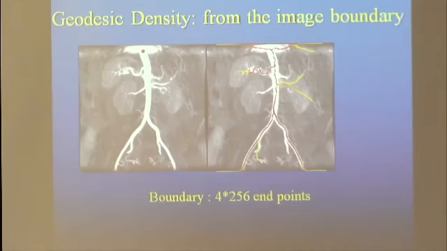So you have a starting point here, and here you use voting with all the endpoints on the boundary, so you have four sides by 256 endpoints, and here is the voting you get. You see that, because of this shading zone, this branch is not obtained, and this branch is not obtained either.